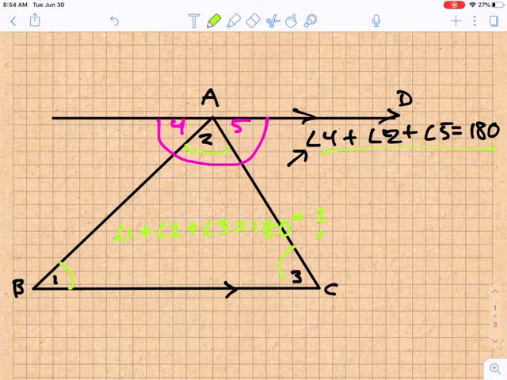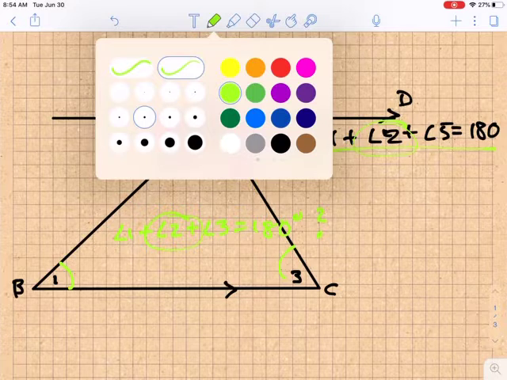But if you have 4, 2, and 5 equaling 180, and you know that angles 1, 2, and 3 are supposed to add up to 180, then if I can show some relationship between 4 and 5 and maybe 1 and 3, because angle 2 is in both, then I'm probably good. So let's see what we can do.